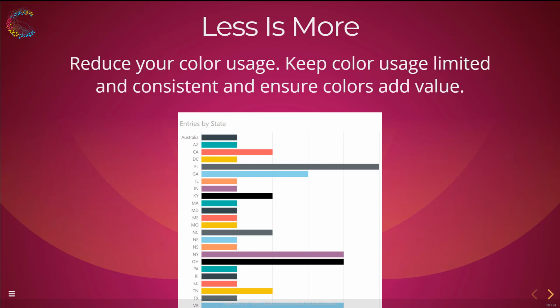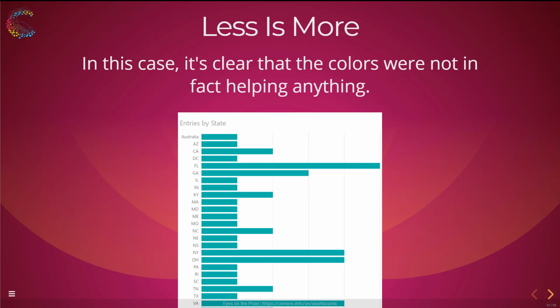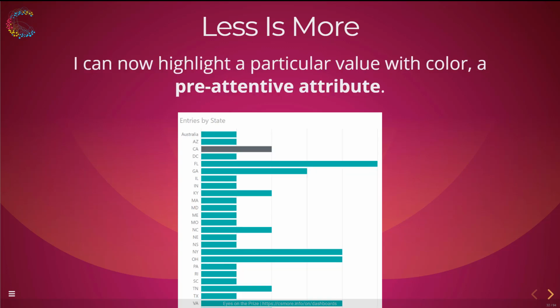What we could do instead of having a different color for each state, have one color. We've lost zero information. It's clear that these colors were not helping us do anything. Furthermore, I can then tell you there's one state that we really need to talk about right now. And I don't even need to name the state, but you have already seen what it is, because I've been able to use color as a pre-attentive attribute, and B, sort of an associational attribute.